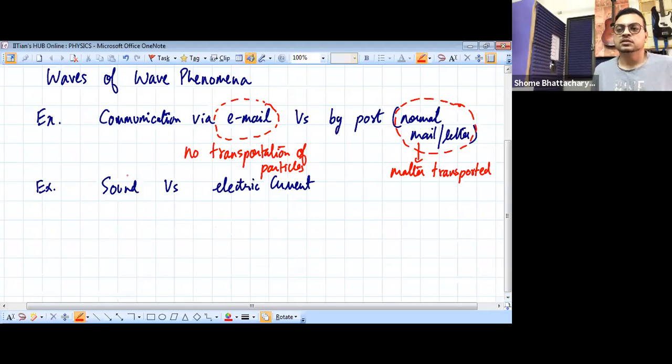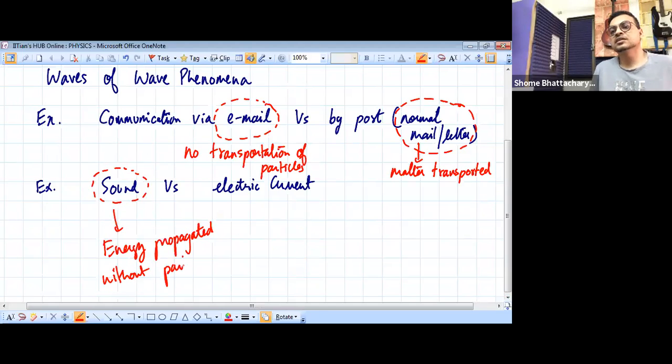Even in sound, if you think about it, you can think not only in terms of information, but in terms of energy. There is energy propagated without particles transported from one point to another.